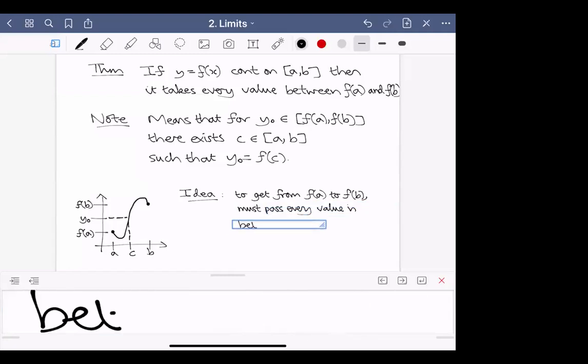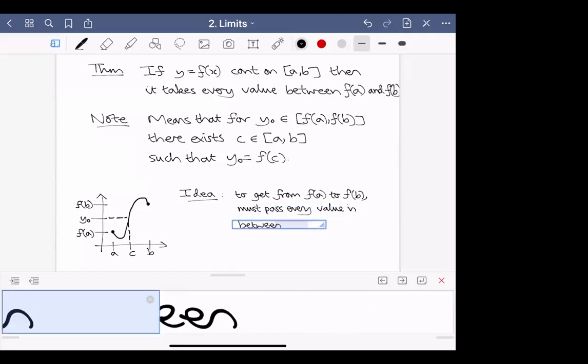So if you think of the horizontal axis as time and the vertical axis as position, if you're going from one place to another place, even if you go backwards at the beginning, you can't get to the other place unless you pass every point in between.